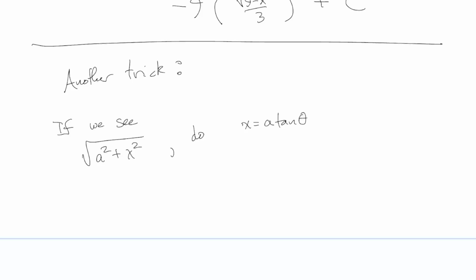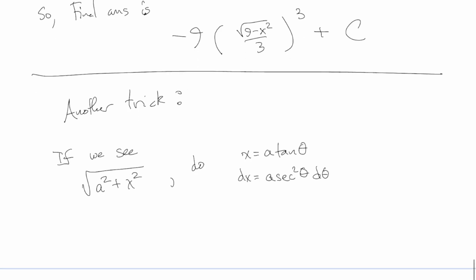The algebra is a little messier maybe, because the dx would be the derivative of this. Anyone happen to remember the derivative of tan? It is secant squared, yeah. So the derivative is a secant squared theta d theta. And the reason you do the trig substitution of the other type was you turn something into a 1 minus sine squared and then you make that into a cosine squared.